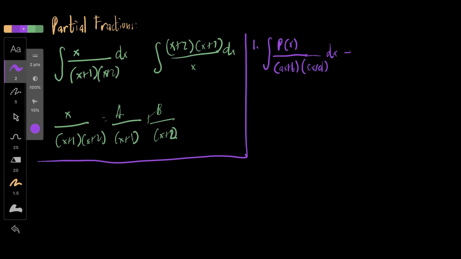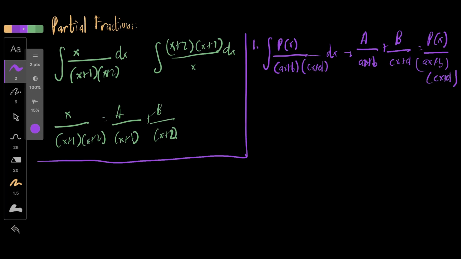This becomes capital A over ax plus b plus capital B over cx plus d, which is equal to p of x over ax plus b times cx plus d. And that's method one. Very simple, exactly what we did.